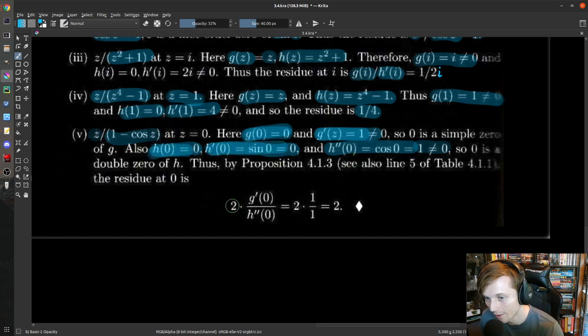So we'll take 2, that's 1 plus 1, k plus 1, times the kth derivative of g, that's the first derivative of g, evaluated at 0, divided by the second derivative of h, evaluated at 0. So that's 2 times 1 over 1, it's 2. All right, and wouldn't you know it, that's the residue. Yeah, the residue at 0 is 2.